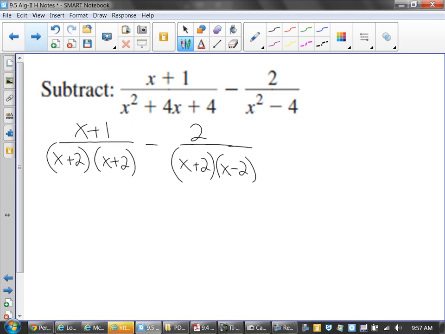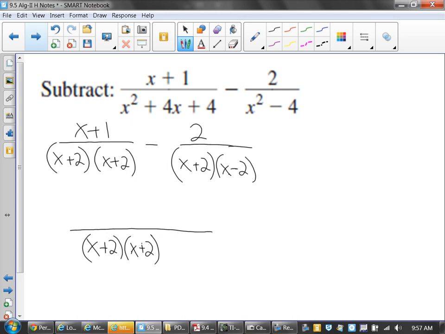So now, when we start to figure out what your common denominator is going to wind up being, what you always do is write down what do they have in common to start with. In this case here, what do they have in common to start with? x plus 2's. So each one of them has an x plus 2.